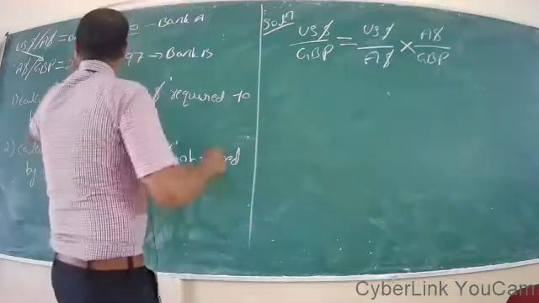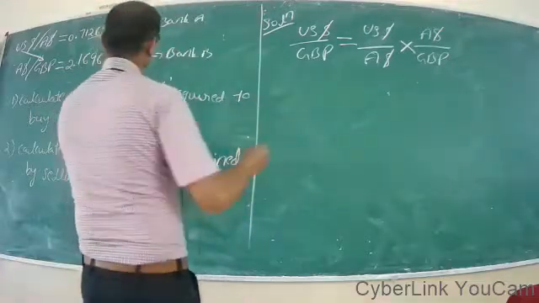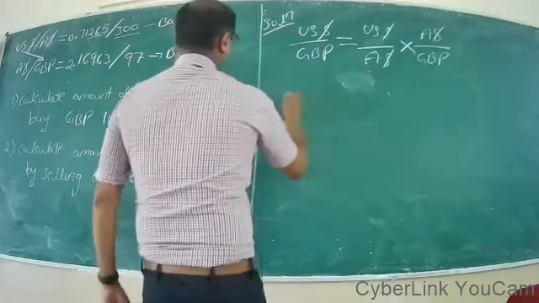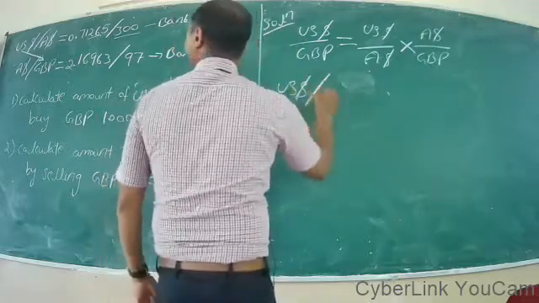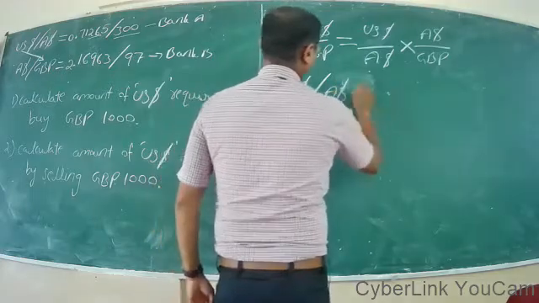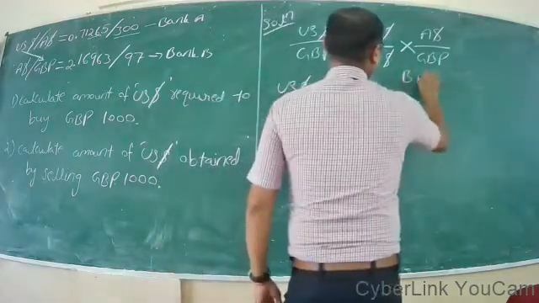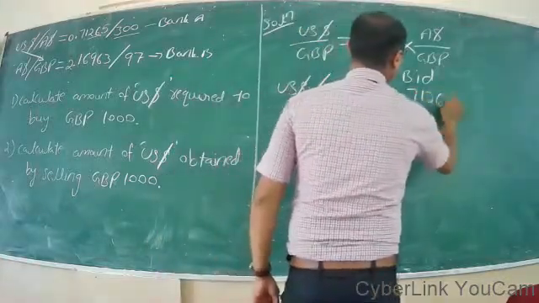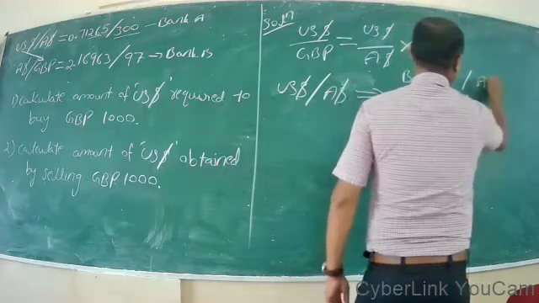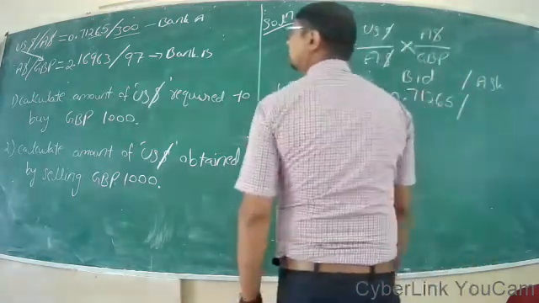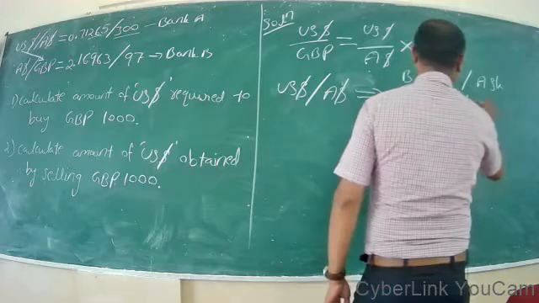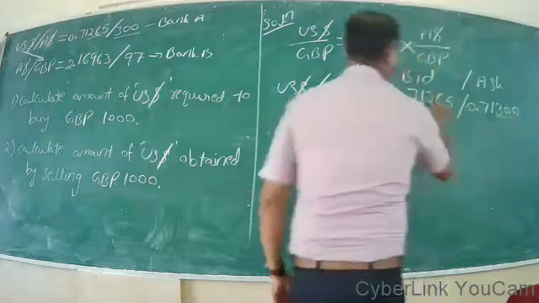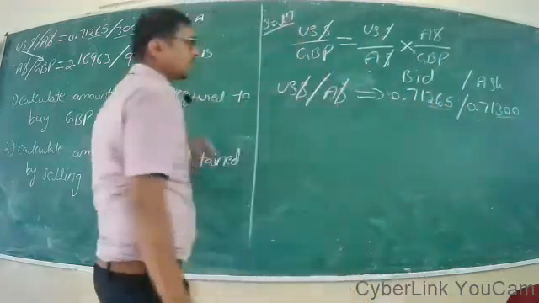So the given quotation, US dollar per Australian dollar, bid they have given as 0.71265 and ask 0.71300, right? The 3 digits are the pips here, so 265 is replaced by ask price 300.